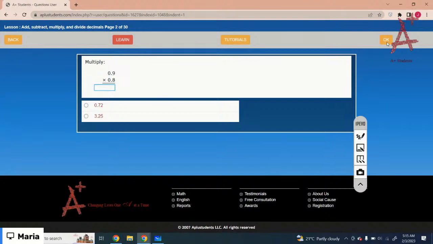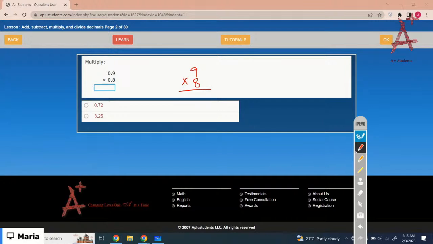Okay, the next one is 0.9 times 0.8. So just multiply like we do the whole numbers. Just do 9 times 8. 9 times 8 is 72. Now look at the decimal places in both the numbers. Both have one decimal place. That means the answer must have two decimal places.